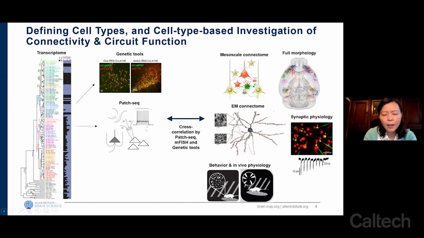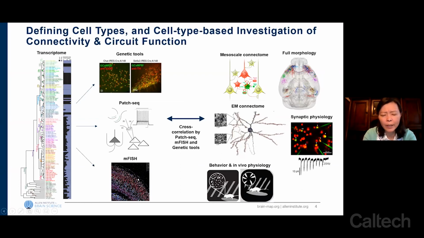We also use multi-modal integrative approaches such as Patch-seq to collect triple modality information from the same cell and use that information to derive an integrated definition of cell types that can then serve as Rosetta Stones that bridge different levels of characterization.